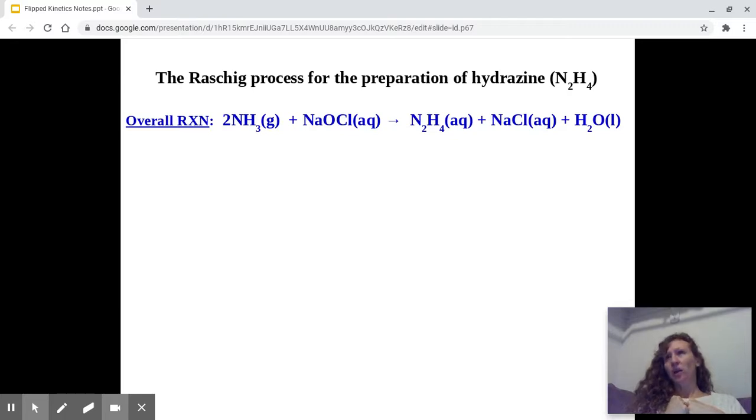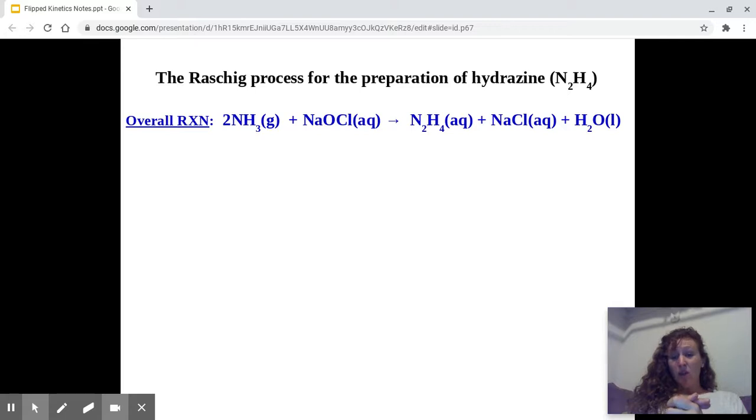So that's sodium hypochlorite. And if these three molecules collide, then they're going to break each other apart and then reform into the products, right? So that's what this overall reaction suggests.